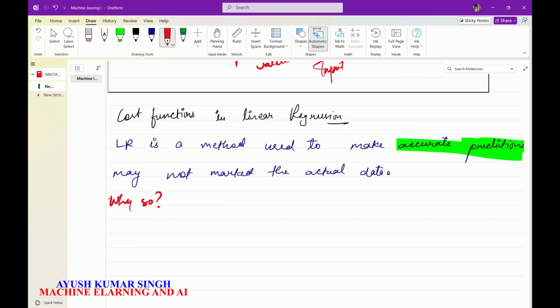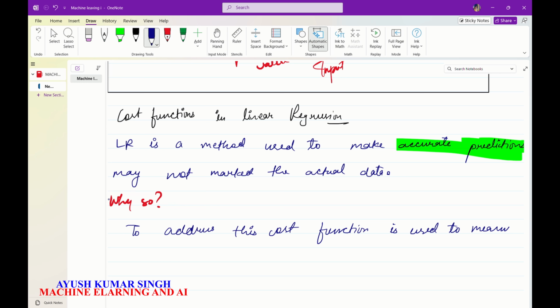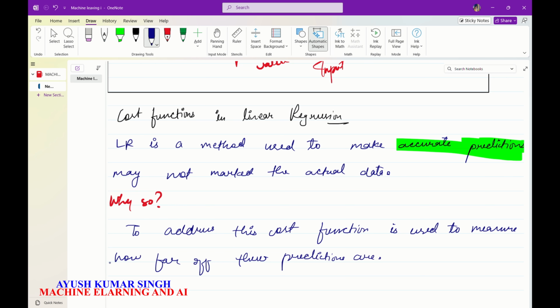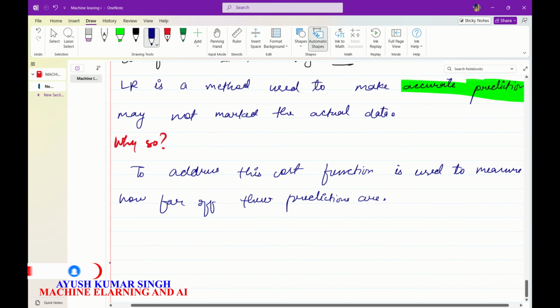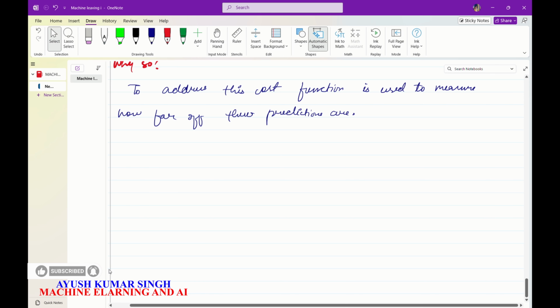If someone asks why, you should know that to address this, the cost function is used to measure how far off these predictions are. So this is all about linear regression and its cost functions.